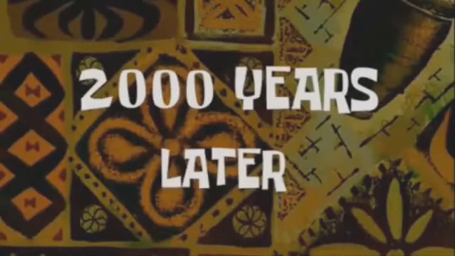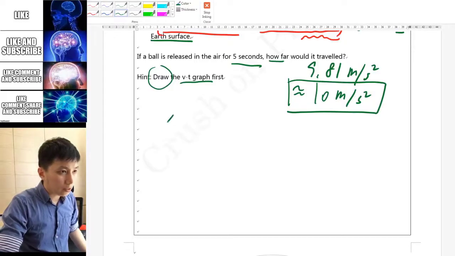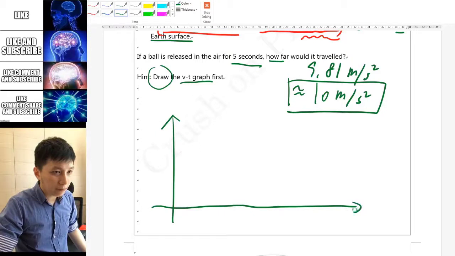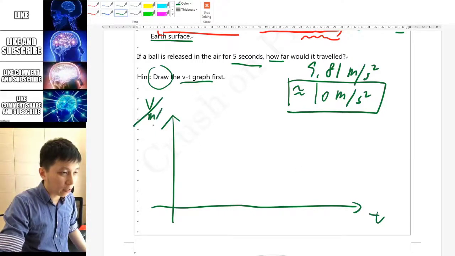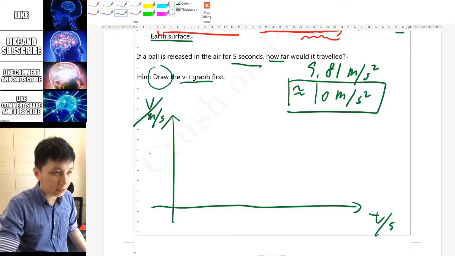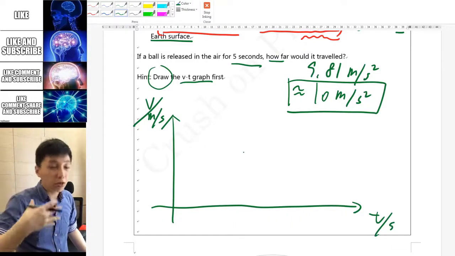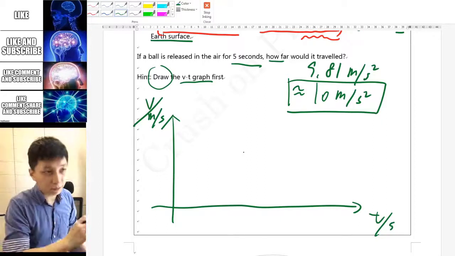2,000 years later. Okay, so when you draw the v-t graph, obviously this is v, this is t. Let's not forget to put down the units, meters per second and seconds. And you really have to recall what you learned about motion graphs earlier.